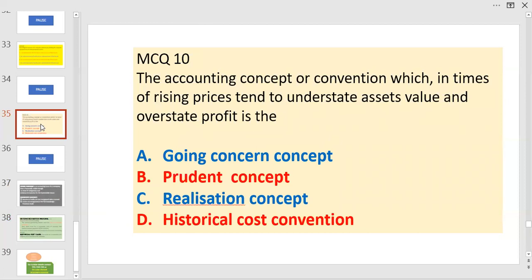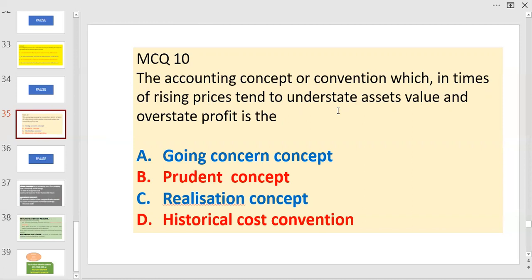Here the question says, in times of rising prices, so the prices keep on increasing every day or over a period of time, then this will make two things happen according to them. One is understate the assets value.